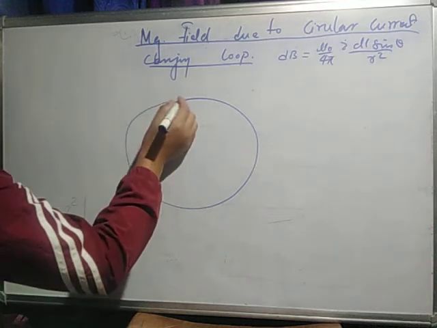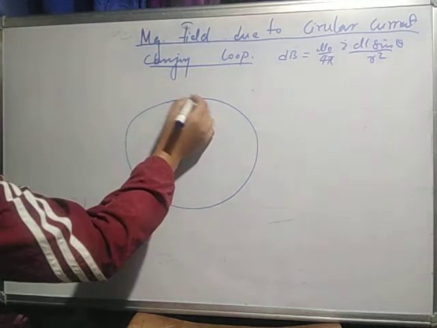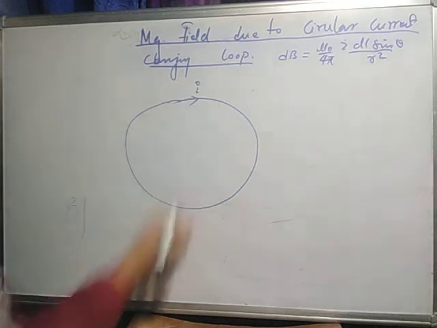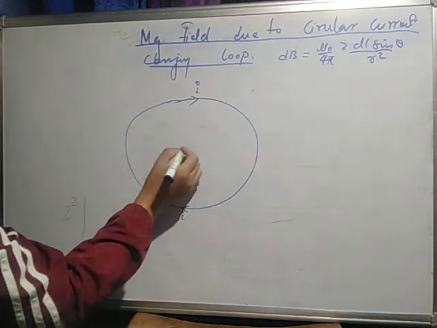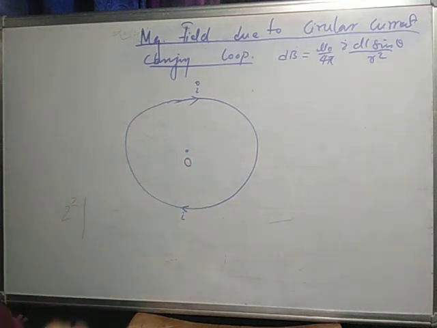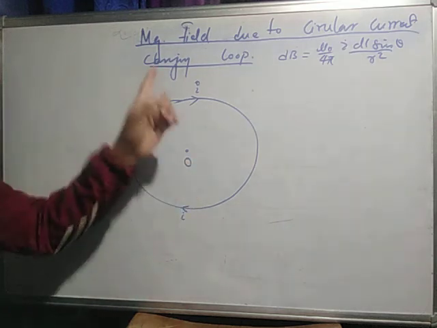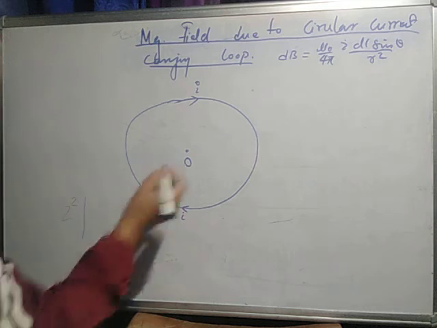This is your circular wire where current is moving like this, clear? So this is your center, write an O.